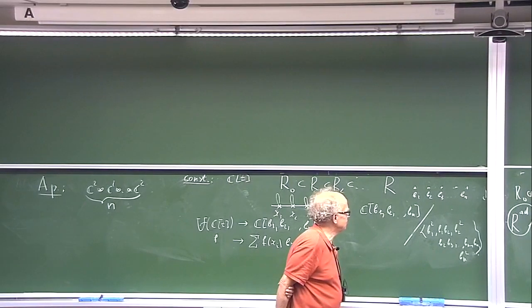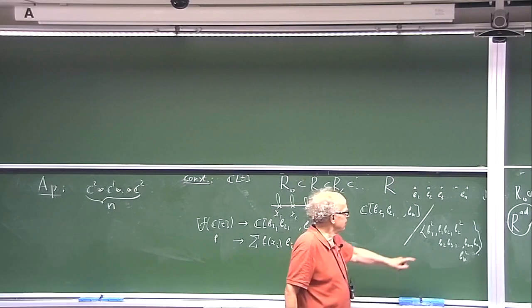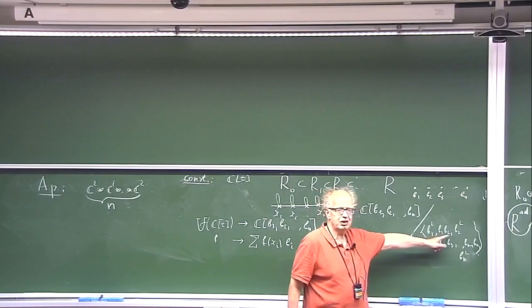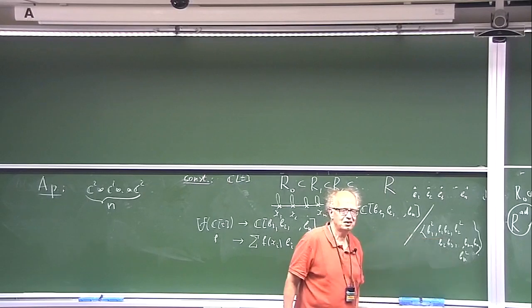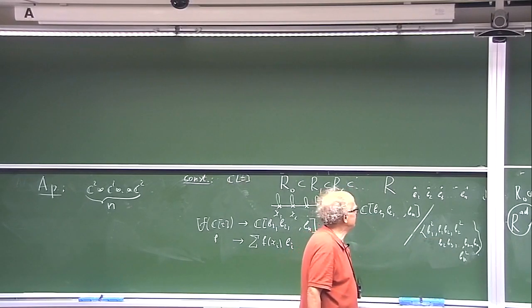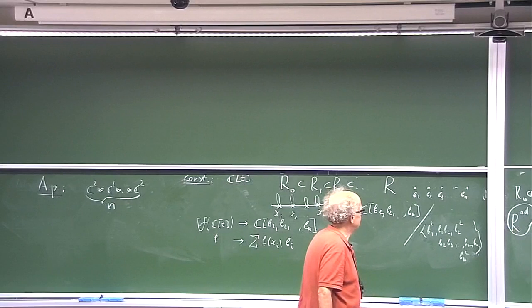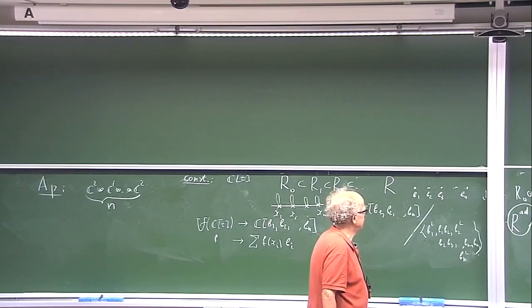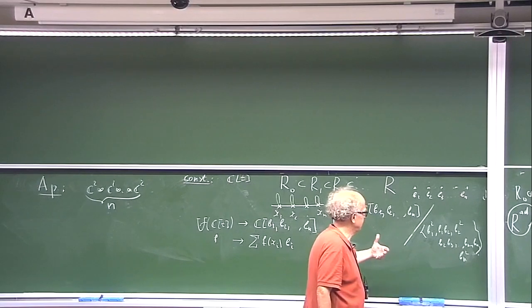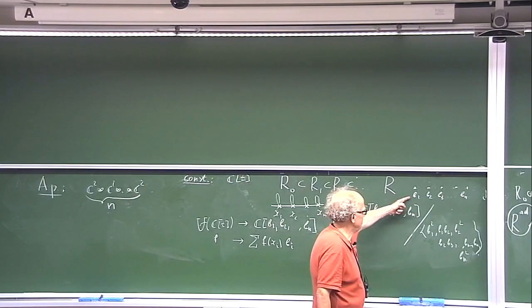We take the polynomial ring in B1, B2, B3, and so on, Bn, factorized by the ideal generated by these quadratic things. So how many elements survive after factorization?